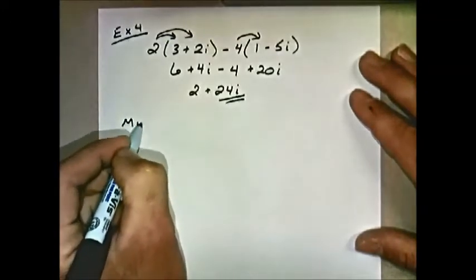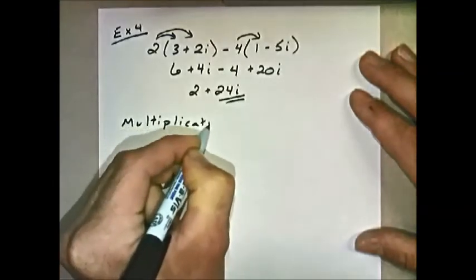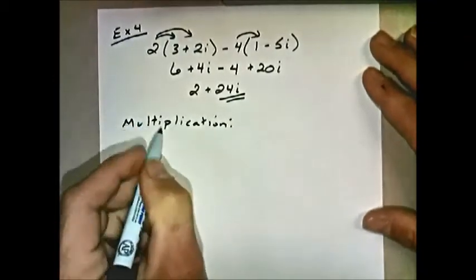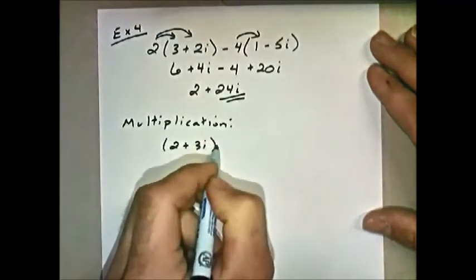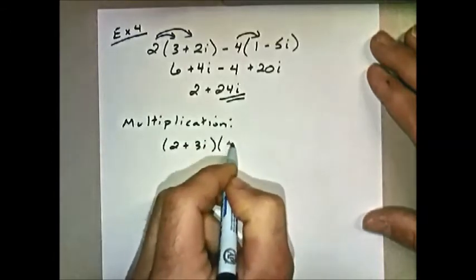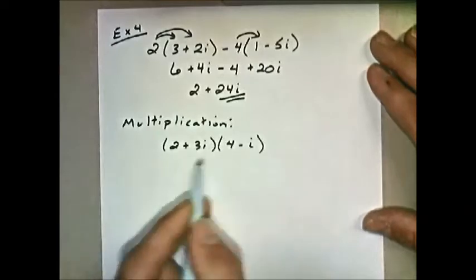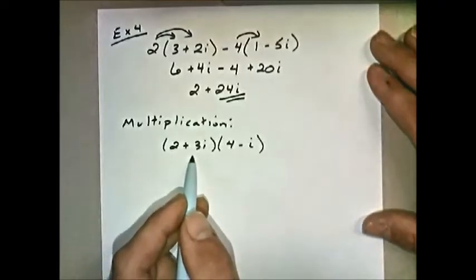Multiplication is going to bring a couple of new things for us. So let's go ahead and look at multiplying two complex numbers. Let's take 2 plus 3i and multiply it by 4 minus i. Now this is going to look like a multiplication problem of binomials, and we're going to treat it just the same to begin with.